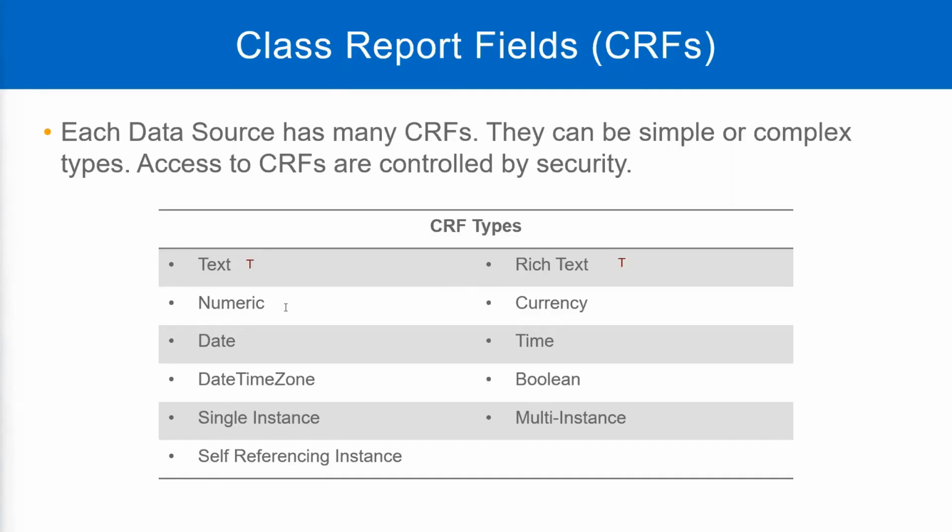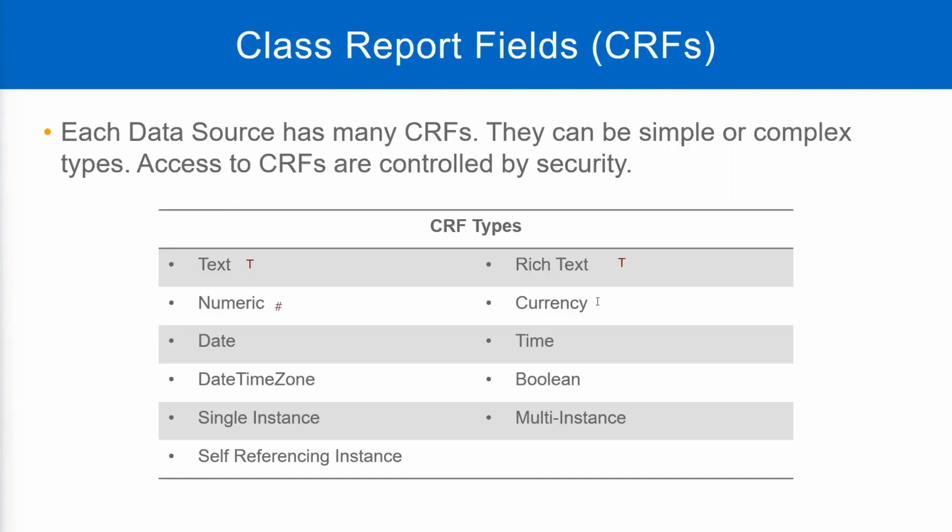In numeric, you will see the symbol hash. Right. Hash. This denotes that a particular field is of type numeric. That means it will contain numbers.